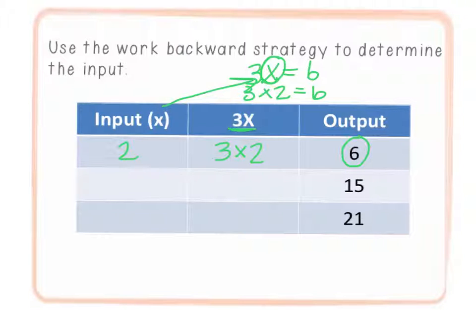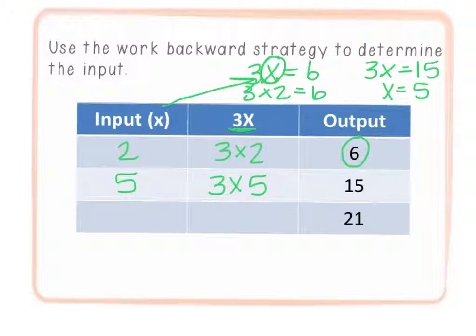Okay? I need to solve it for 15. So I'm going to do 3x equals 15. Well, that's easy math. I know that 3 times 5 gives me 15, so my x would equal 5, or my input would equal 5. Show my work. 3 times 5 equals 15.